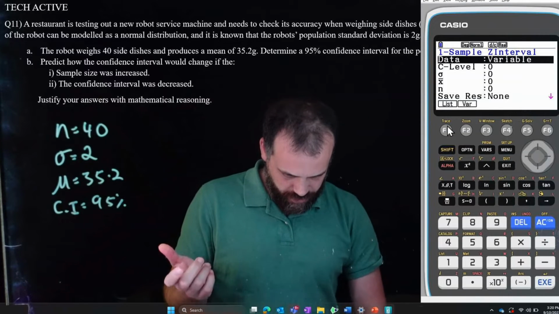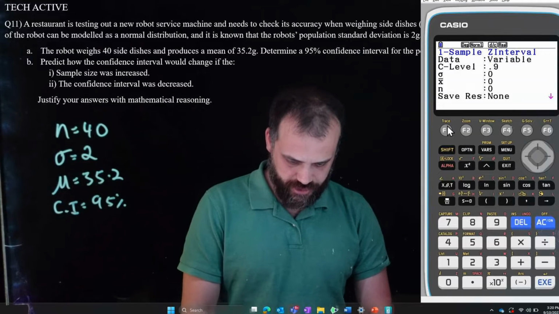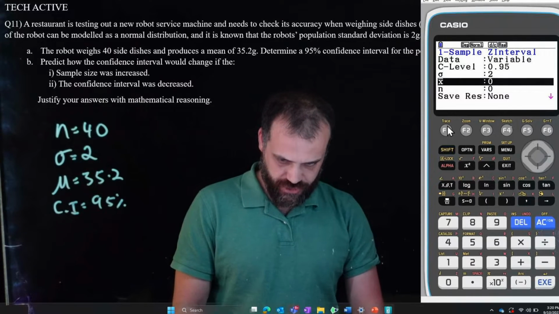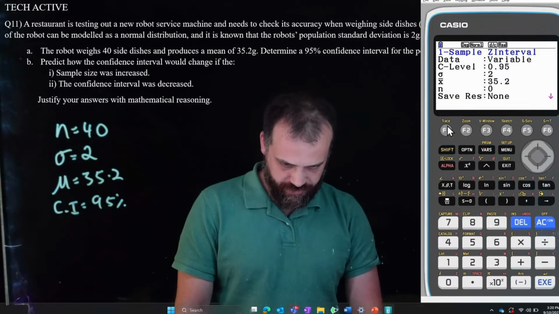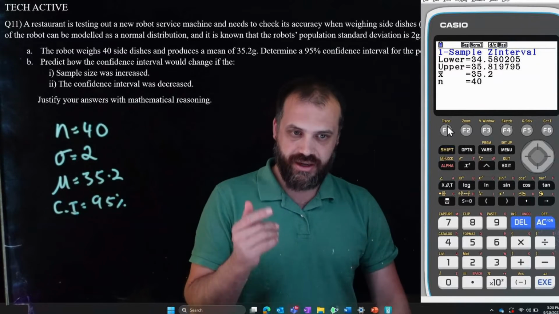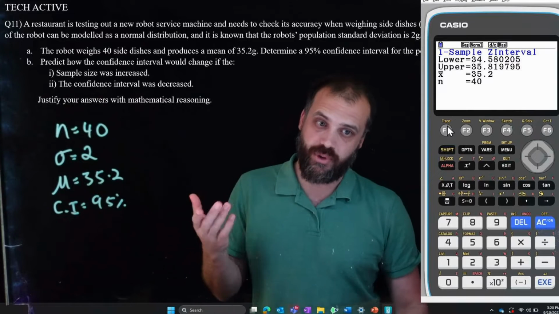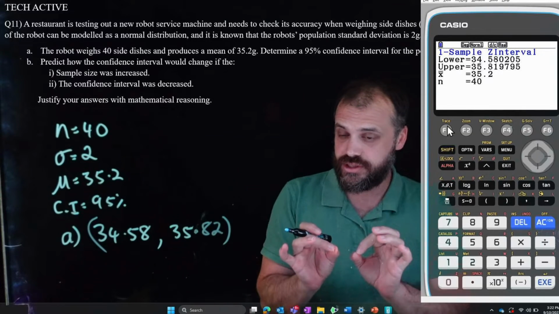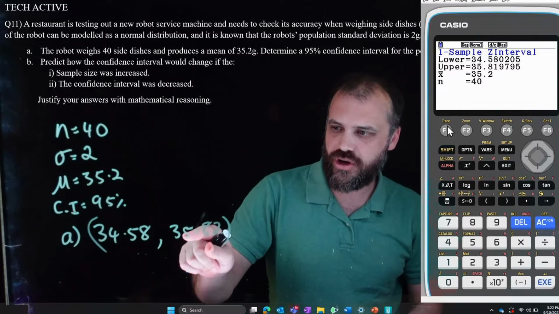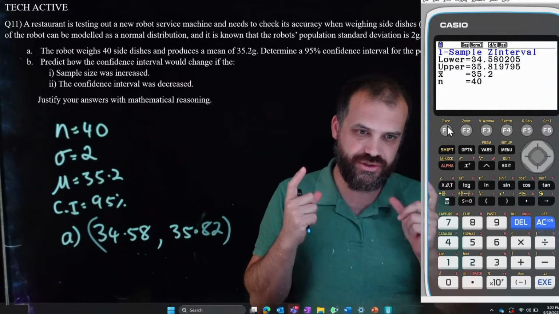Okay, so what have we got? A confidence level of 0.95. We've got a standard deviation of 2, a mean of 35.2, and a sample size of 40, and that is where we're at. Okay, so our confidence interval for the population mean is 34.58 to 35.82.